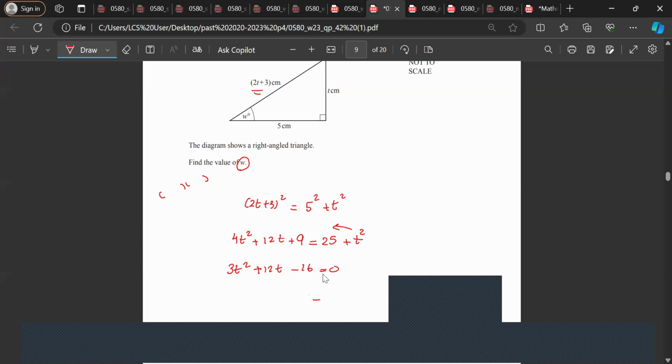Let me do it again. Mode 5, 3. I think something is wrong with the numbers. It should be revised, the steps.